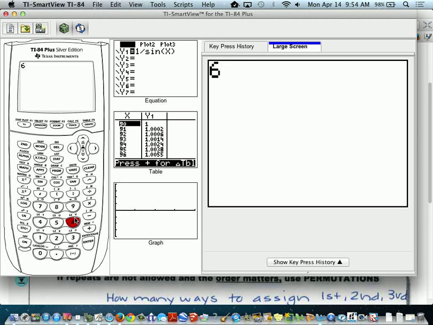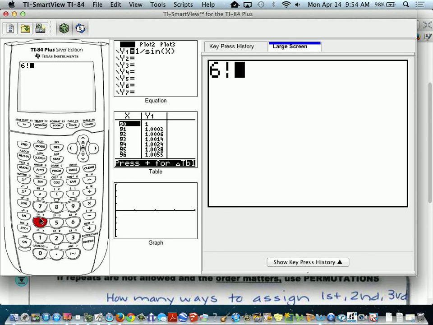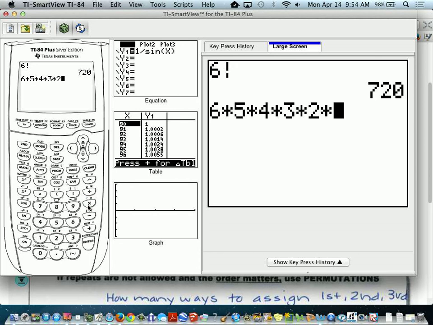So I'm going to type in 6, math, slide over to probability, number 4, and hit enter. You get that. That's the same as taking 6 times 5 times 4 times 3 times 2 times 1. They're the same thing.